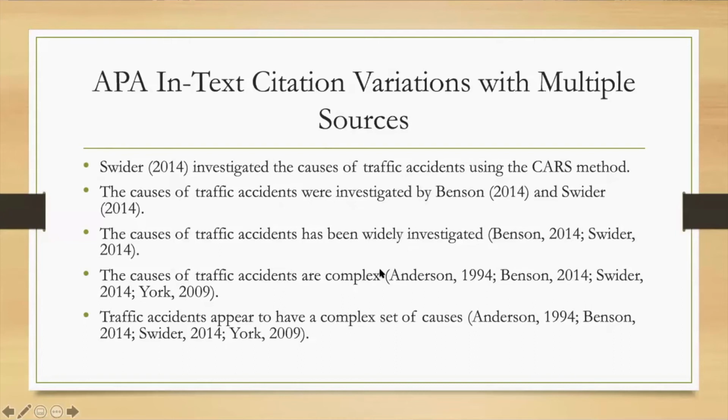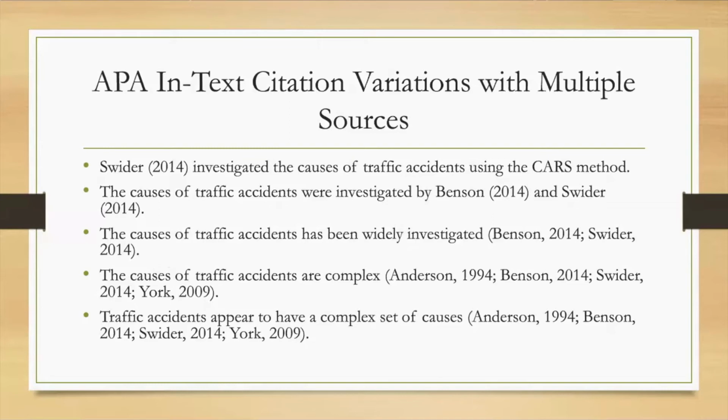This is what you as the writer found as the link between all of these sources. So this is why I say that the whole should be more than the sum of parts. You analyzed all of these sources and you found a common idea among them, that the causes of traffic accidents are complex. Now, Swider and Benson might have done a scientific study.